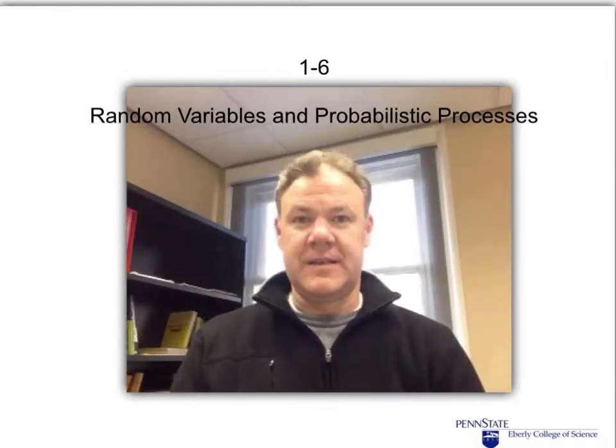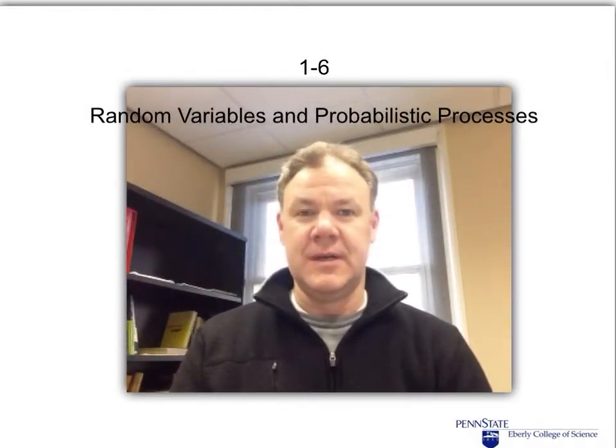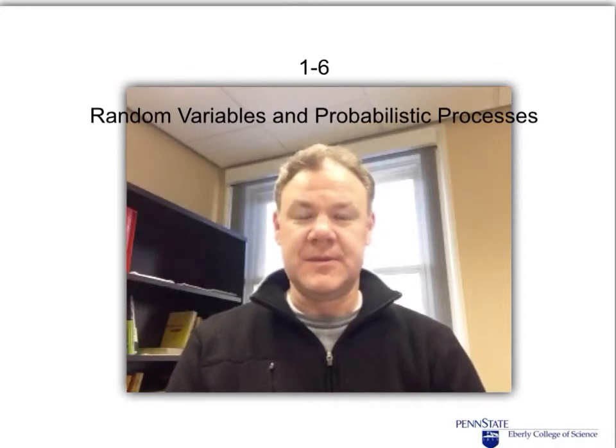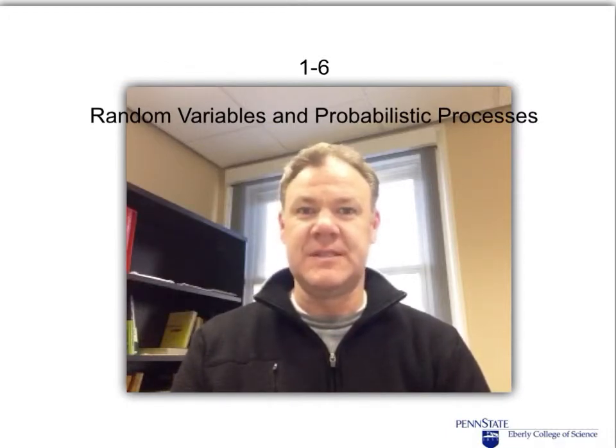In this final lecture of Lesson 1, I would like to approach the construction of a measure on sequence spaces from a slightly different point of view, namely that of random variables and probabilistic processes.